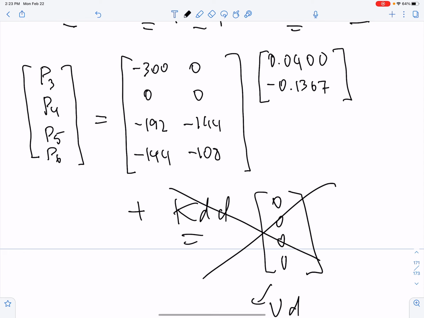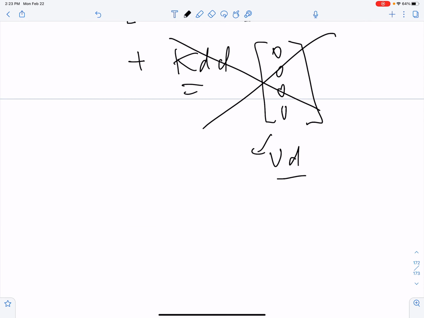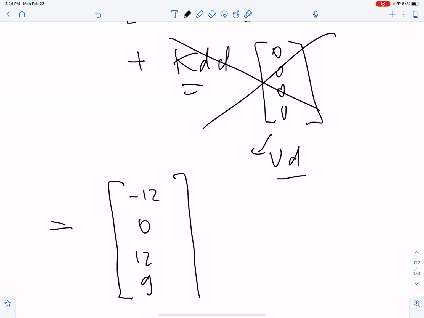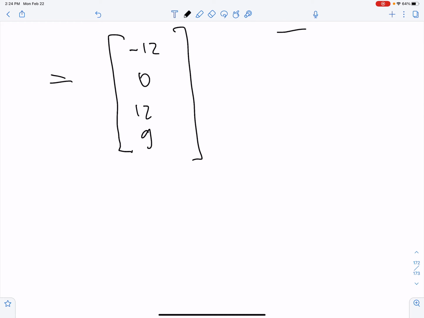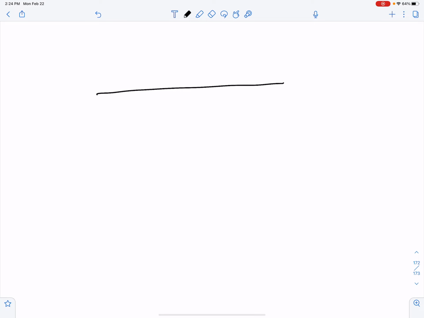These are gone, and so if you do the product, what you find is exactly what you'd expect: minus 12, 0, 12, and 9. Now if you relate this back to the structure, this was our expanded view.